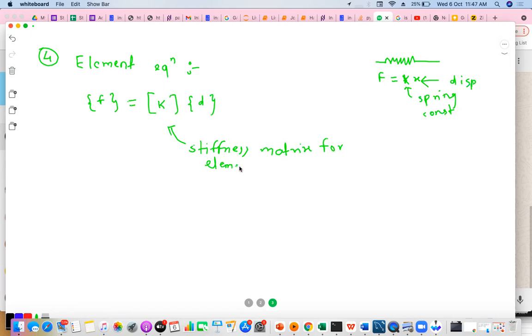So this I am writing for the element, and D is my displacement matrix for the element, and F is my load vector or the force vector.